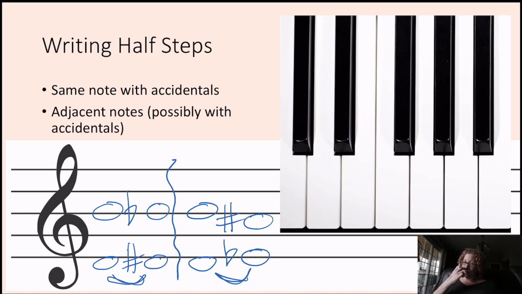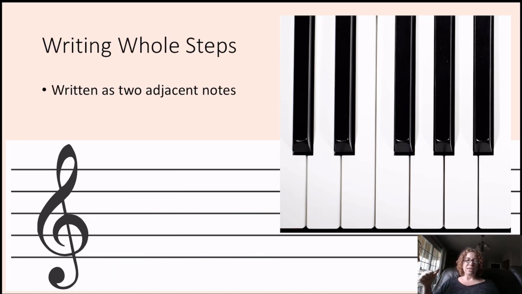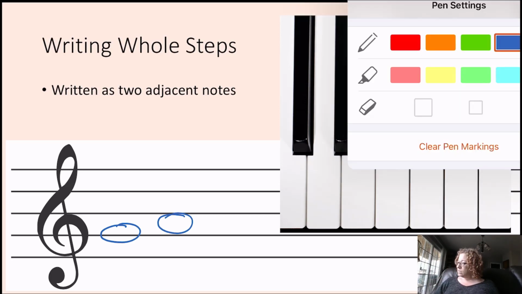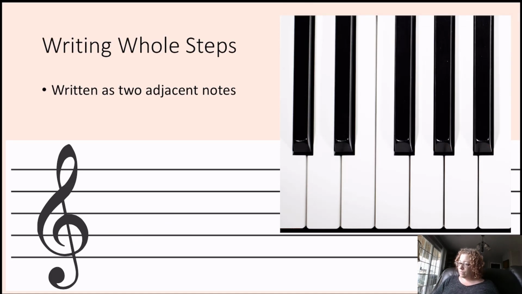So half steps, we have a little bit of wiggle room in how we notate them. Whole steps, on the other hand, we need to write them as two adjacent notes. So here is the correct way to write a whole step. G to A. Perfect. If I write G and I say a whole step up is B double flat, that is incorrect.